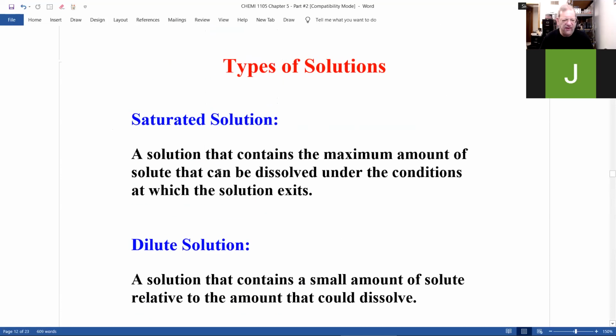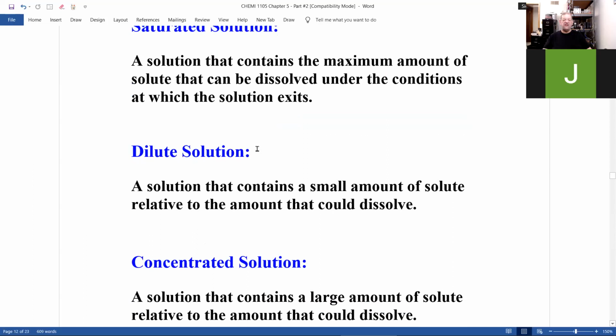So let's go through this again. Saturated solution: a solution that contains the maximum amount of solute that can be dissolved under the condition the solution exists, which means you can't put one more molecule in there because it will precipitate out and form a solid at the bottom. Dilute solution: a solution that contains a small amount of solute relative to the amount that could dissolve.